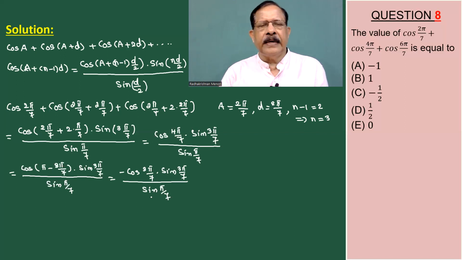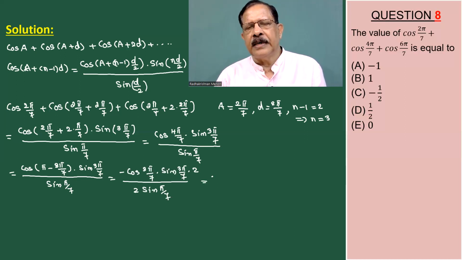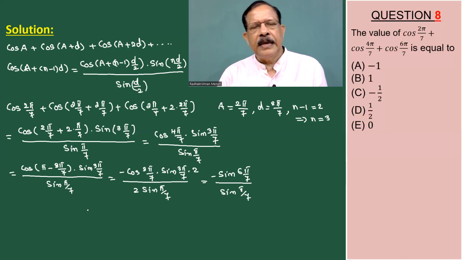For the numerator I can use the formula of sin 2θ. So I multiply the numerator by 2 and the denominator also by 2, so the numerator is in the form 2 sin θ cos θ. It is sin(2·3) = sin(6π/7), divided by 2 sin(π/7). Again we continue simplifying the numerator.